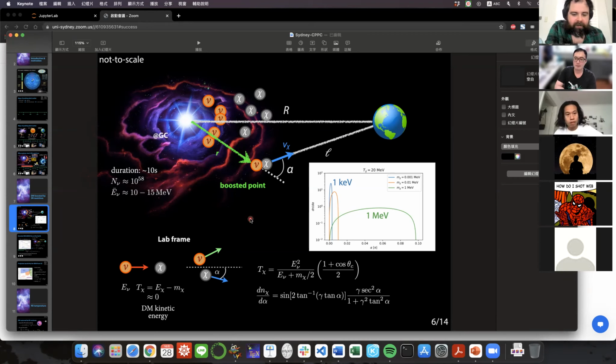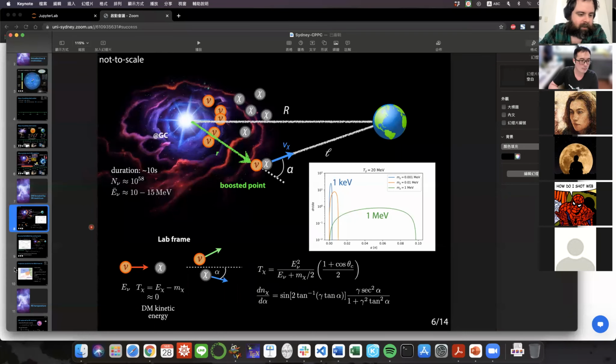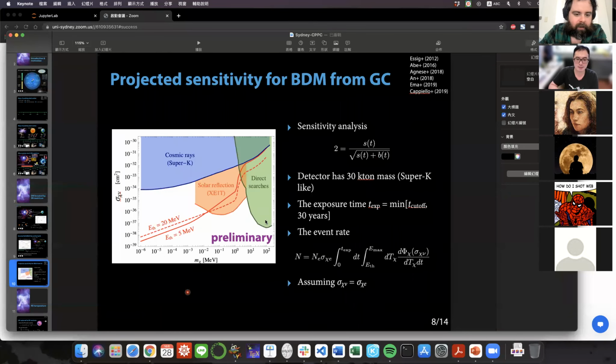I might ask a couple of questions just quickly before we go on to the next speaker. Can you go to the plots where you were showing the bounds for the supernova neutrino dark matter constraints? This is a neutrino dark matter cross section. How do you do a direct search for a neutrino dark matter cross section? This green band, how does that derive? Here's the tricky part: because we didn't have any model inside it, in principle there's no way to connect the dark matter neutrino cross section and the dark matter electron cross section.